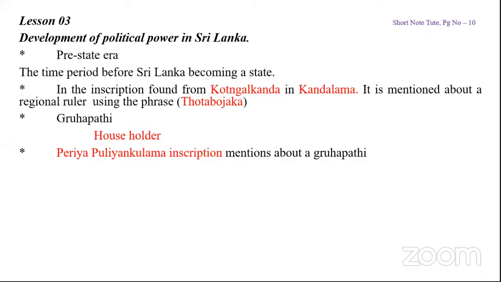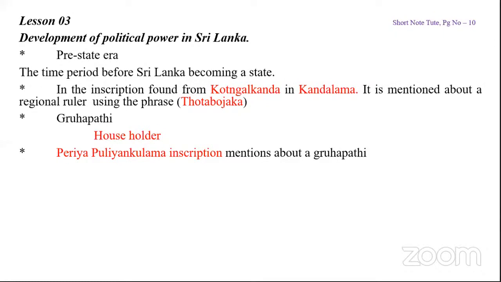So about the Totabojaka, a regional ruler, it is mentioned in the Kotgalkanda inscription in Kandalama. Gruhapati means householder. Householder means the head of the family, maybe father, maybe mother. He or she was a householder, known by the name Gruhapati.